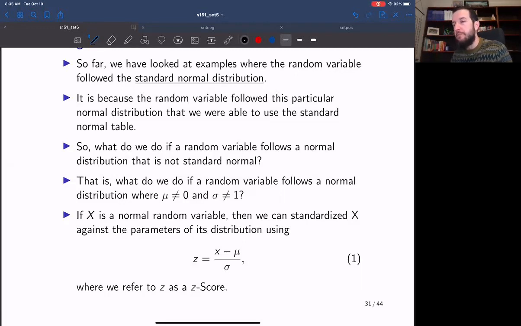So effectively, if we are working with a normal curve that has any parameter set, but we still want to find an area underneath that curve, all we have to do is take the value that is of interest to us and change it into a z-score. Once we do that, everything is exactly the same as the techniques that we had just learned.